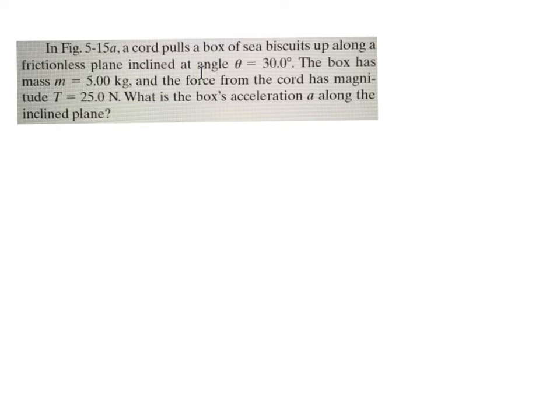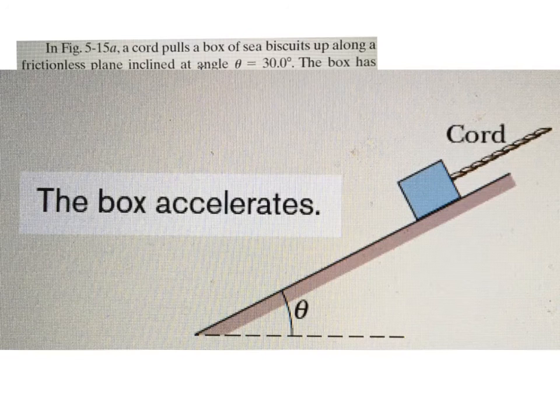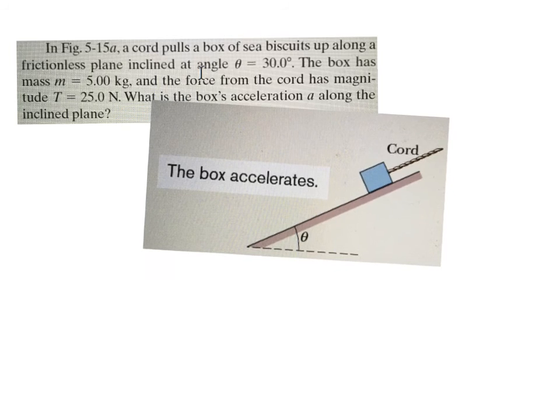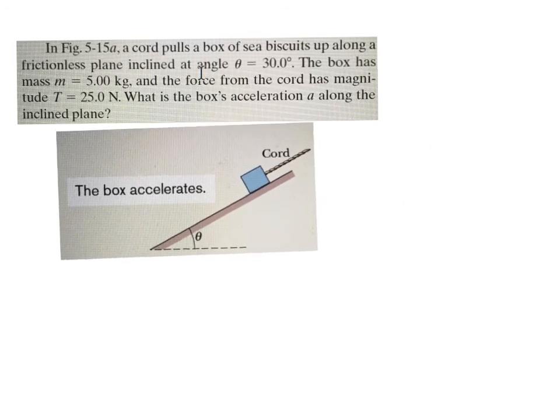Why does it specify that it's a box of sea biscuits? This book has a tendency to do that. You notice that? They have the weirdest examples. What was that? It was like a homeless man. A hoodlum throws a brick stone through a window vertically downward.